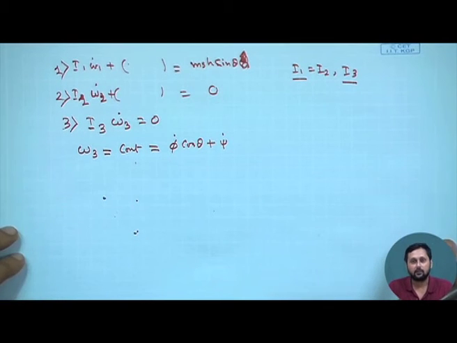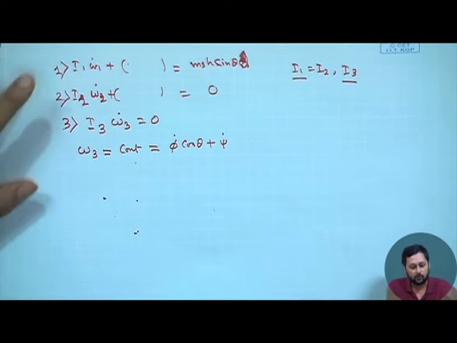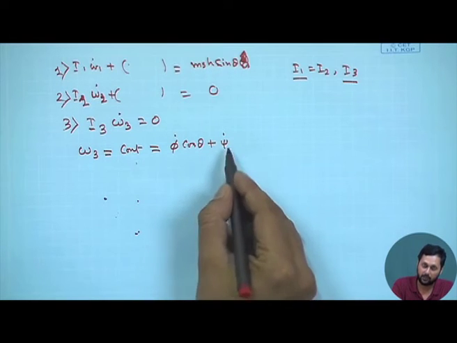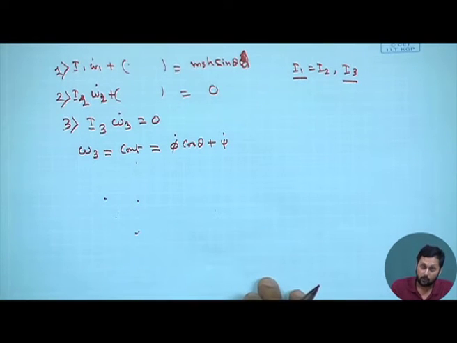So, the idea is the following. We will not try to integrate these equations. They are definitely integrable, but we are not trying to do that. Although omega 1 and omega 2 are written out explicitly in terms of the Euler angles phi and theta, and of course we have psi dot, which is the spin, we are not trying to integrate it for the heavy symmetric top.